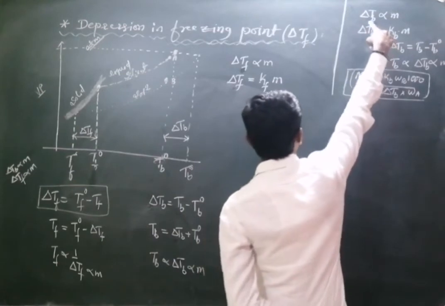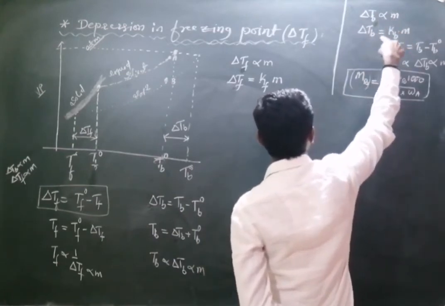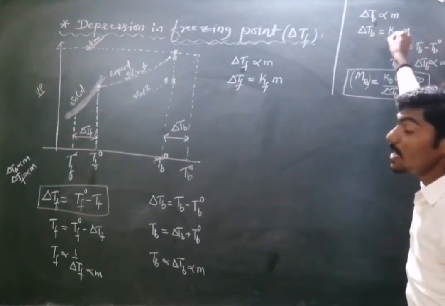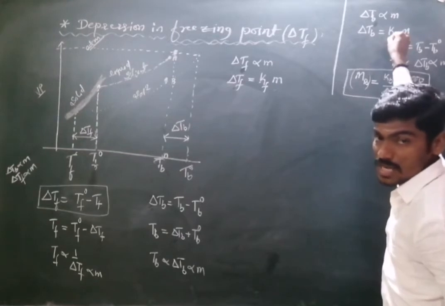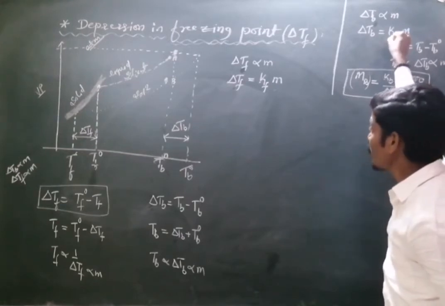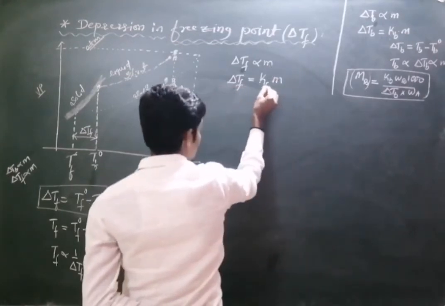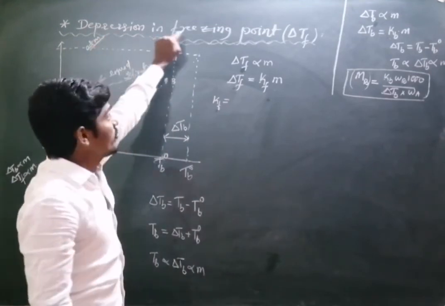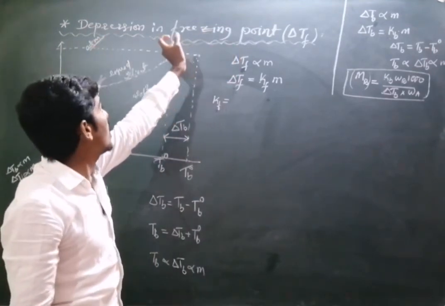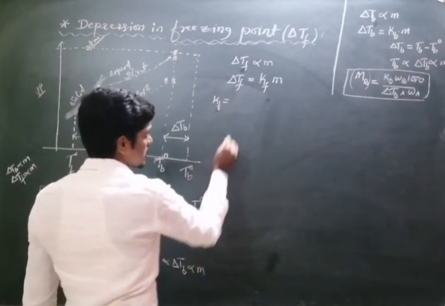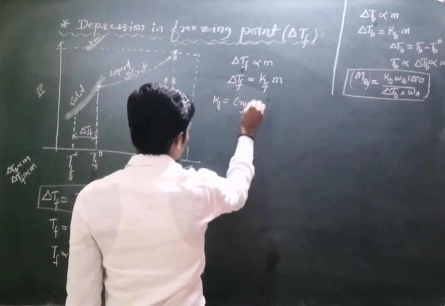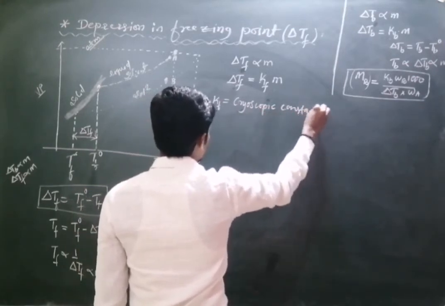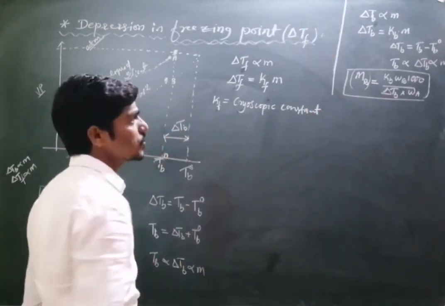In the last case, delta TB is equal to Kb into m, where Kb is nothing but the molal elevation constant, or simply we can call it the ebullioscopic constant. So here Kf is the molal depression in freezing point constant, or simply we can call it the cryoscopic constant. That is the ebullioscopic constant, and this is the cryoscopic constant.